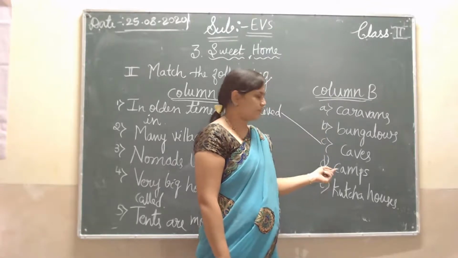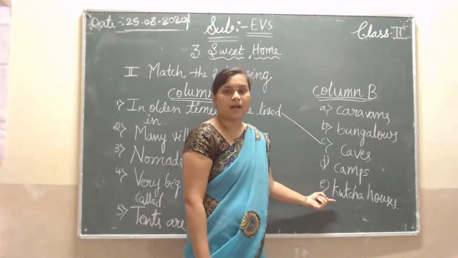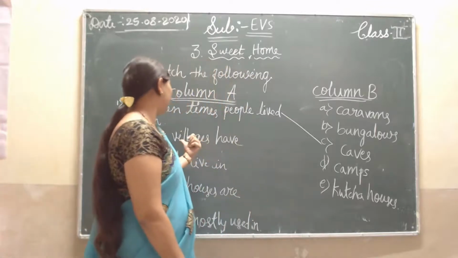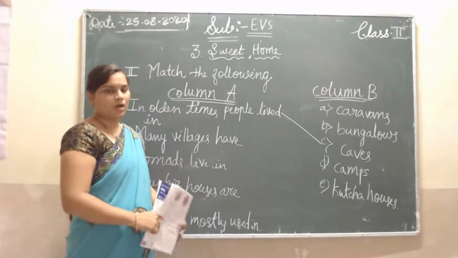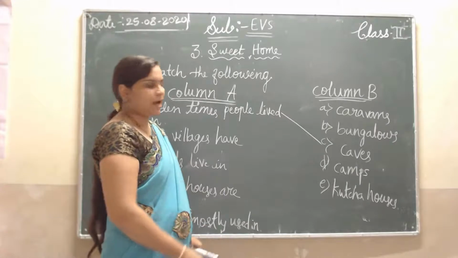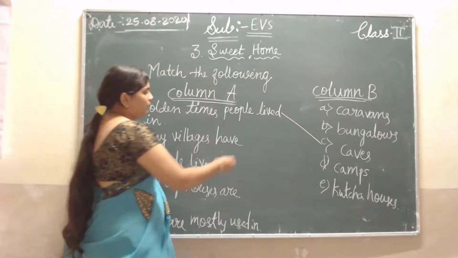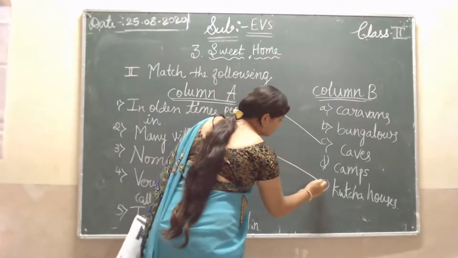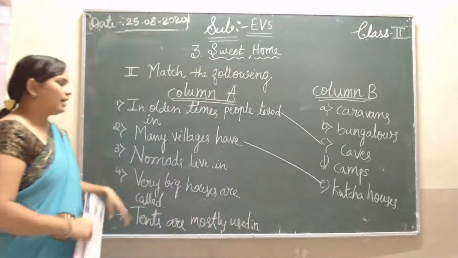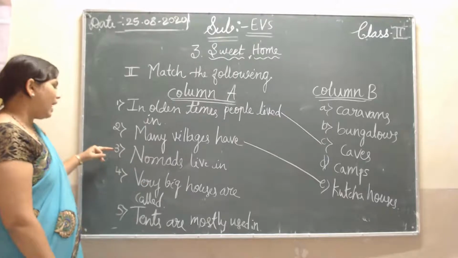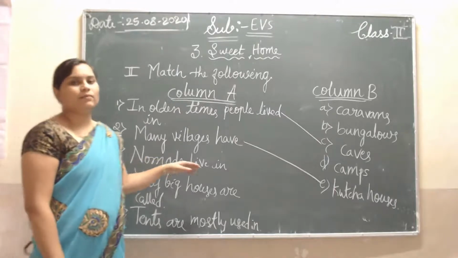Camps? No. It is Kacha houses. We see huts in villages, and a hut is an example of Kacha houses. So the second one's answer is E. We should match the second one to E.